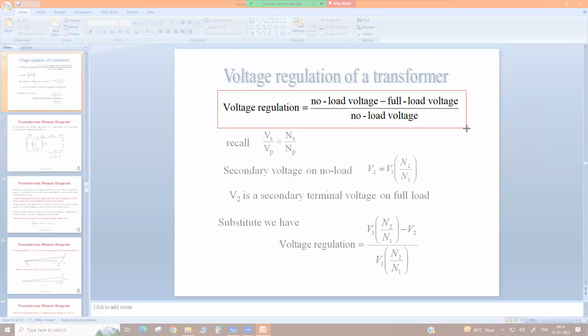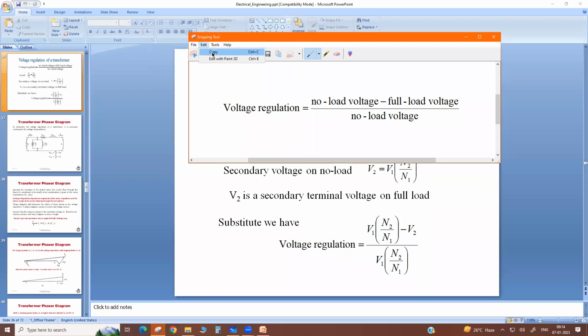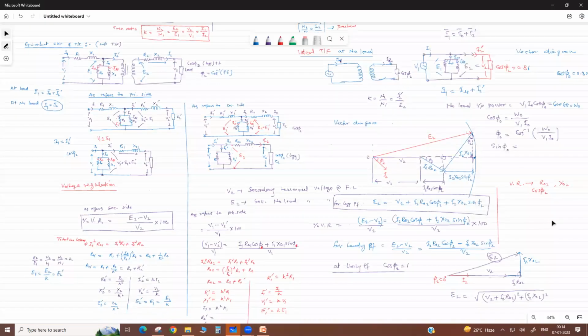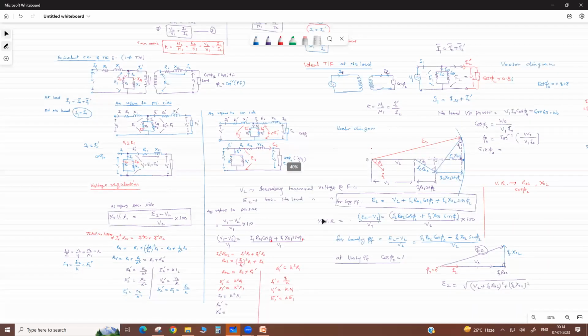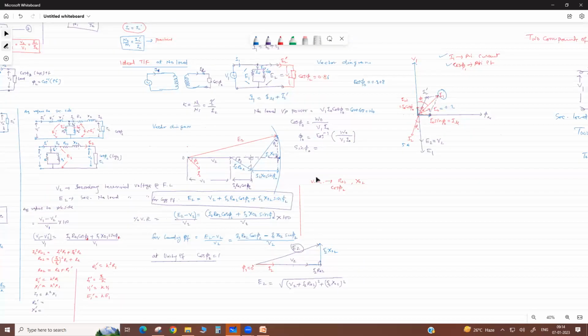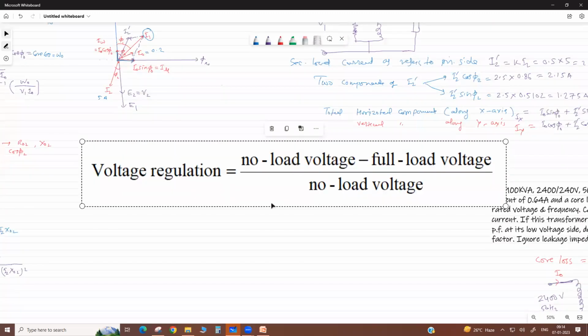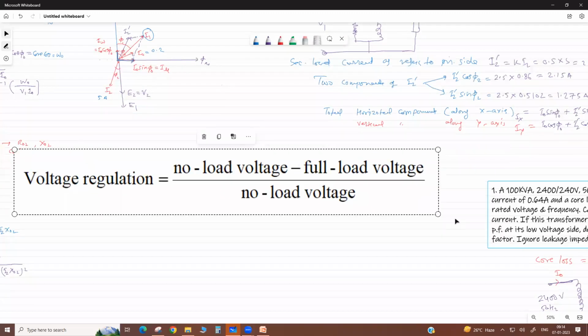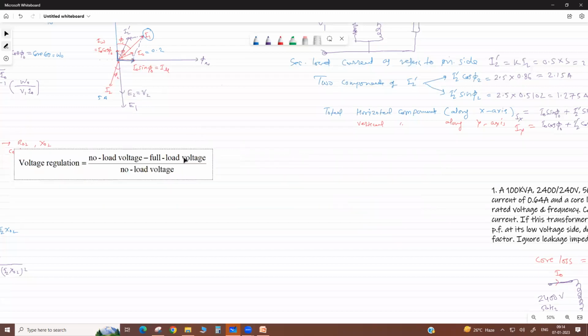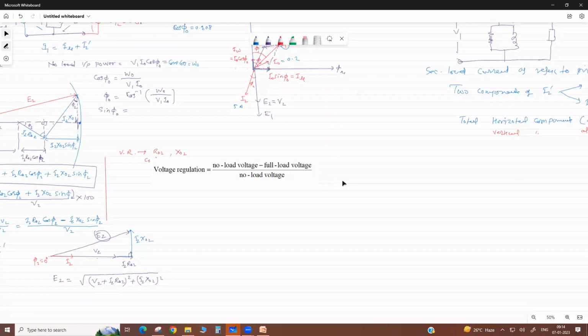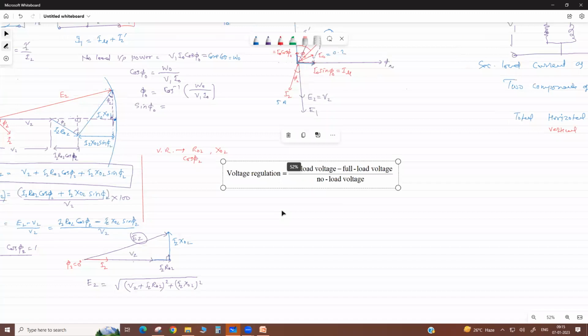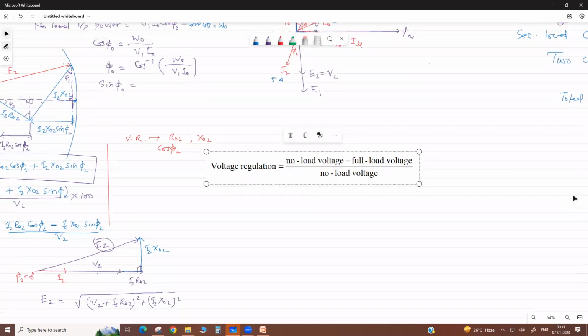This is your voltage regulation formula. Here we calculate this voltage regulation, the no load terminal voltage, either on primary side or secondary side.